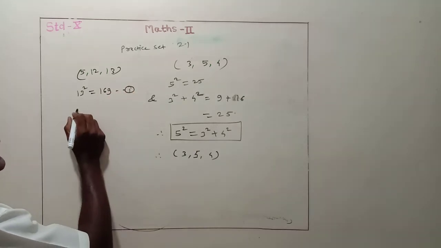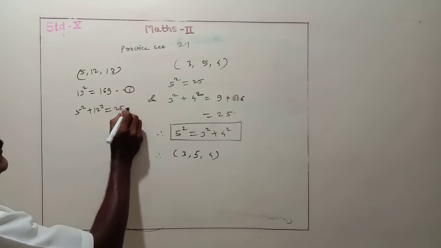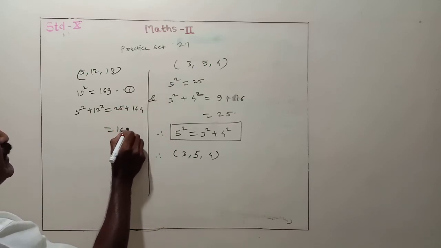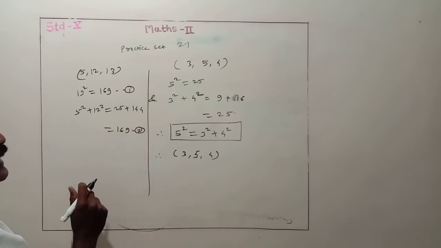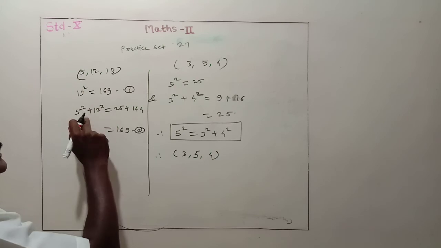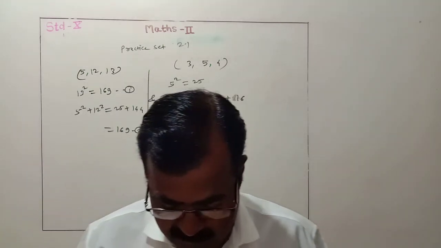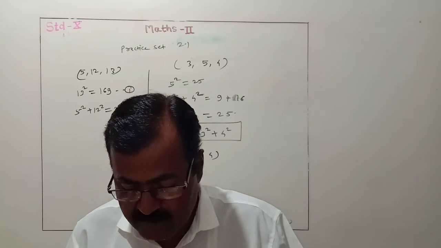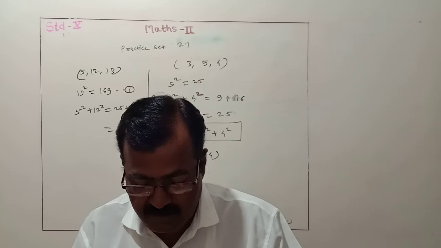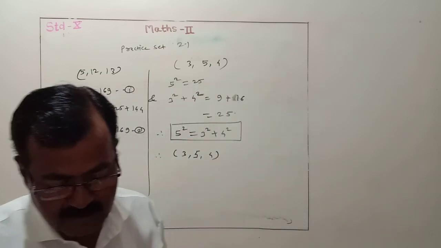And 5 square plus 12 square is 25 plus 144, which is also 169. Therefore, 5, 12 and 13 are Pythagorean triplets.